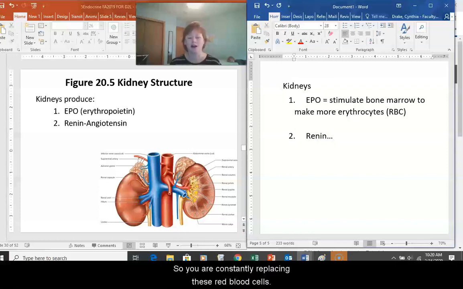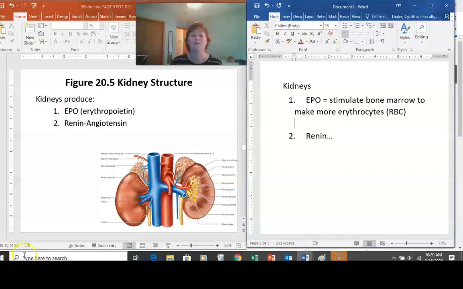So you are constantly replacing these red blood cells. So that must mean then, logically, that you're releasing EPO on a pretty regular basis to replace those old red blood cells. However, there are times when you need to release more EPO than normal.